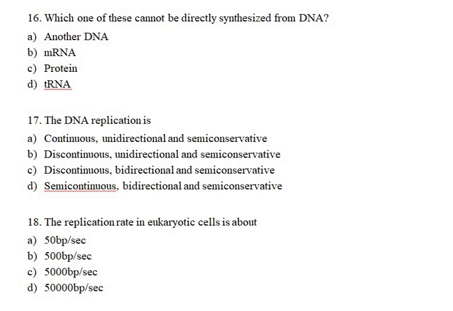So the replication rate, in case of prokaryotes, is 2000 base pairs per second. The DNA polymerase can add how many base pairs? 2000 base pairs per second. 2000 base pairs means 4000 nucleotides, because each nucleotide contains one base.